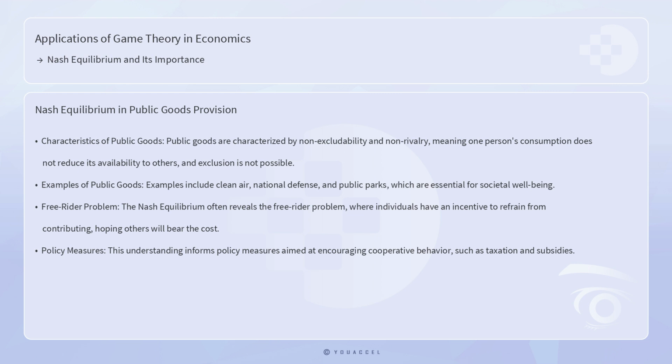Game theory helps economists understand how individuals might contribute to the provision of public goods. The Nash equilibrium in this context often reveals the free rider problem, where individuals have an incentive to refrain from contributing, hoping others will bear the cost. This understanding informs policy measures aimed at encouraging cooperative behavior, such as taxation and subsidies.